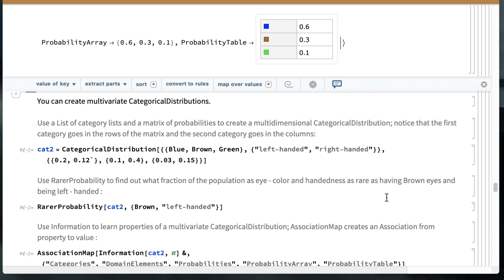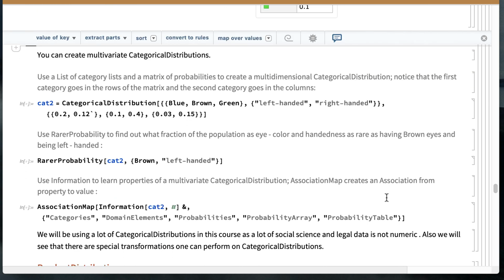You can have multivariate categorical distributions. Here's one in which it outputs maybe eye color and handedness. And so the second argument to the categorical distribution is basically the joint probabilities. So this 0.2 is the probability that I'm going to be blue-eyed and left-handed.